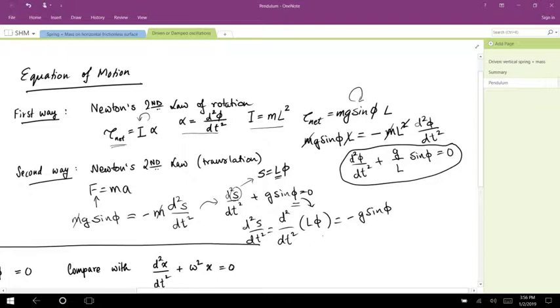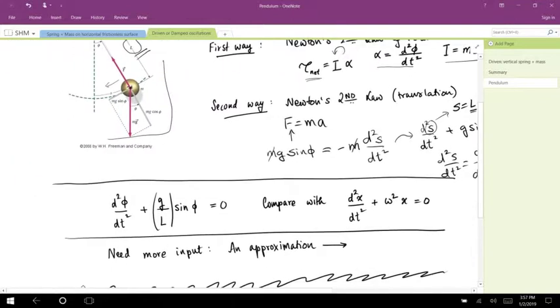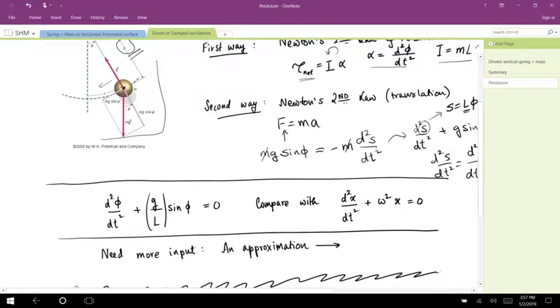And I can pull the L out, so I get L d2 phi dt2 plus g sine phi equals 0. And now if I divide both sides of this equation by L, 0 over L is just 0, so you see that I'll get back to that equation. So essentially our equation of motion looks like d2 phi dt2 plus g over L sine phi equals 0.